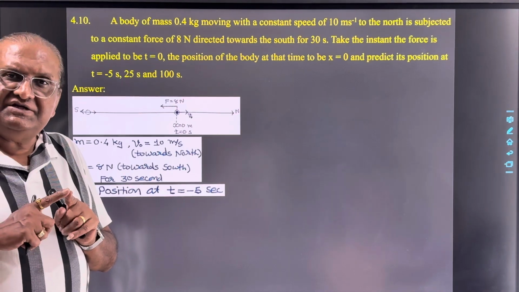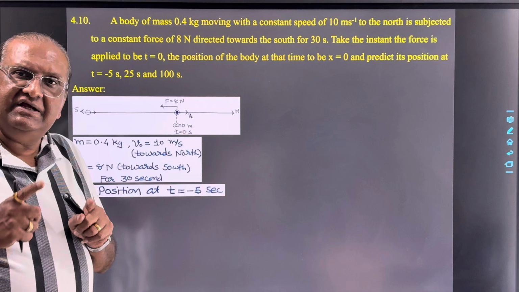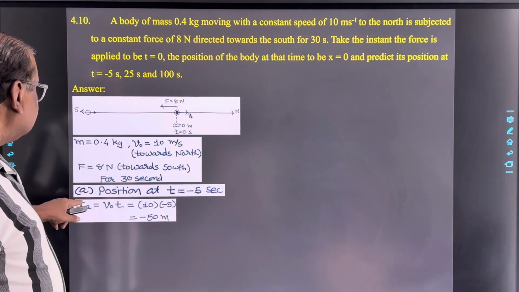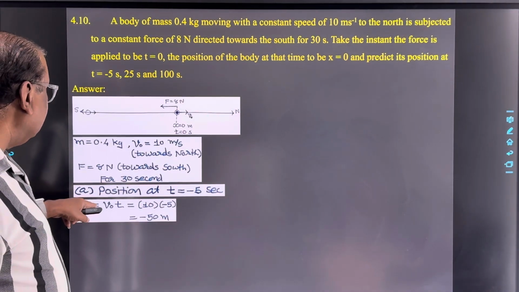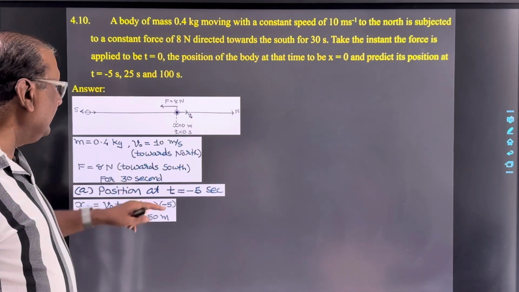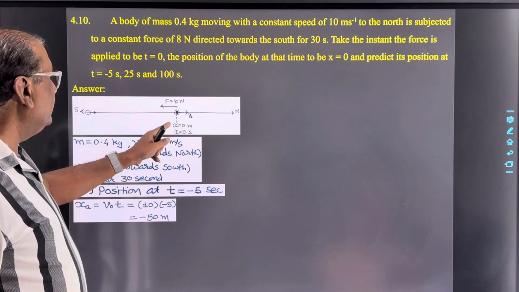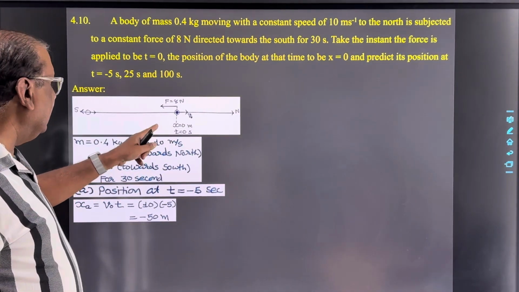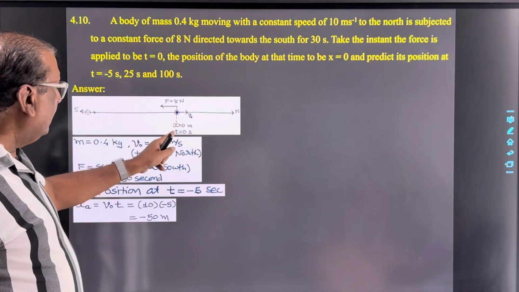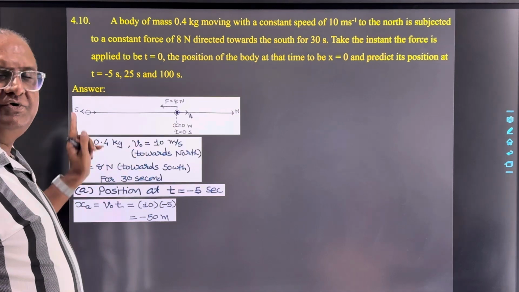So the distance d is equal to velocity into time. So position xa is equal to v0 t, that is 10 into minus 5, that is minus 50 meter. It implies that the position of the body is 50 meter on the left hand side of the t equal to 0 and x equal to 0 situation.